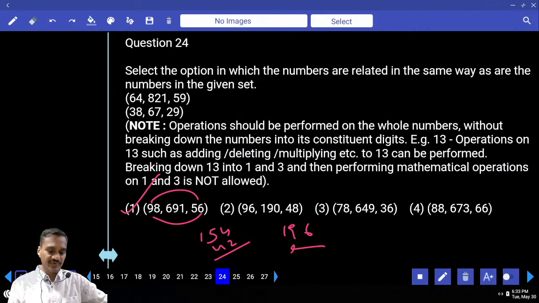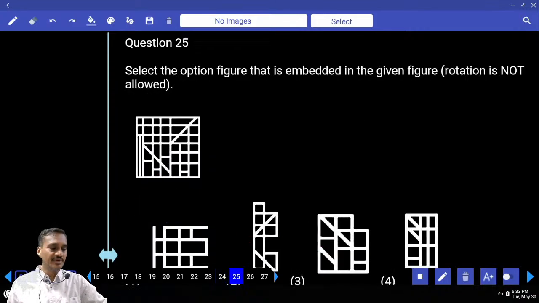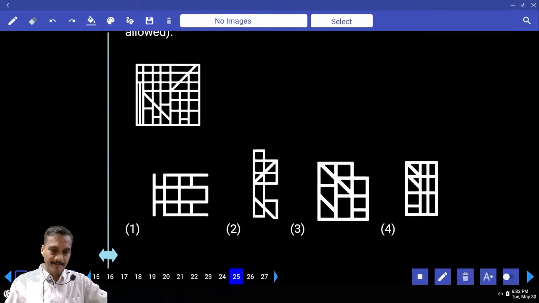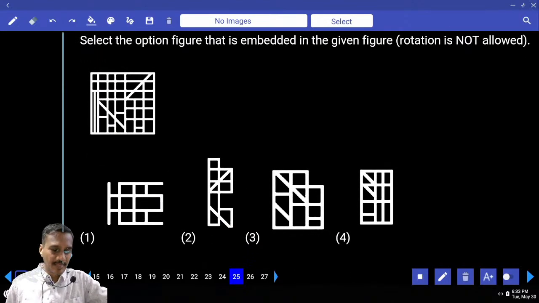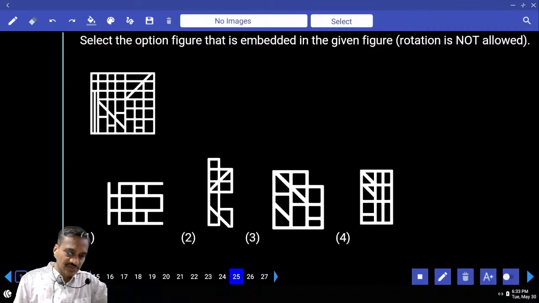Then finally 25. Now we need to find the embedded figure and select the figure that is embedded. From where can we start the first one?